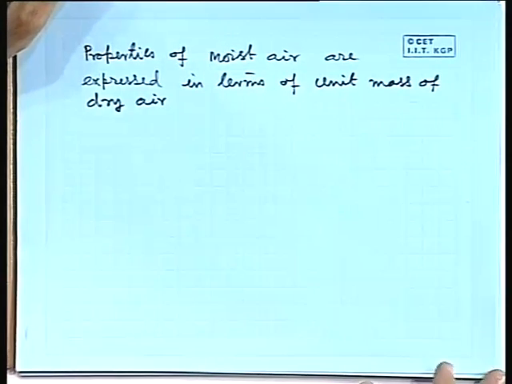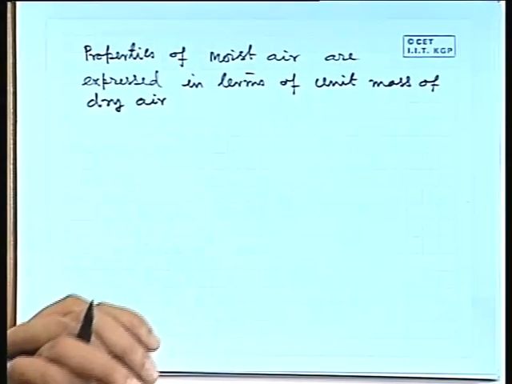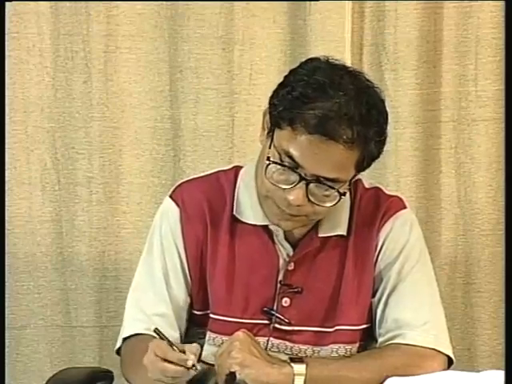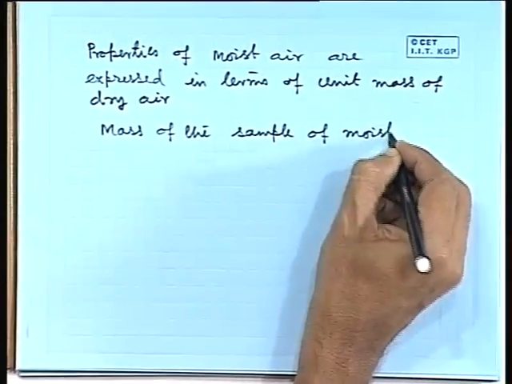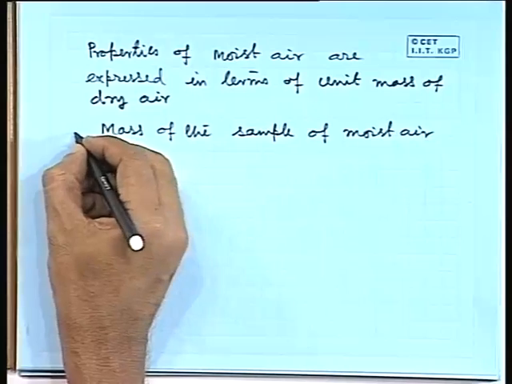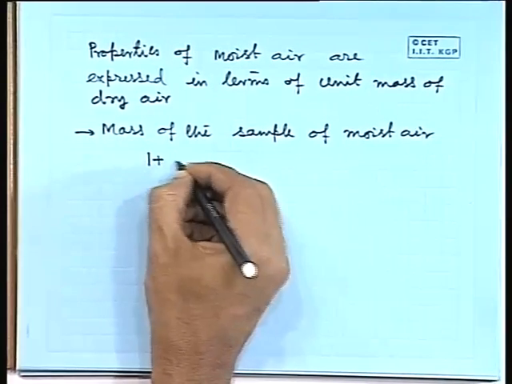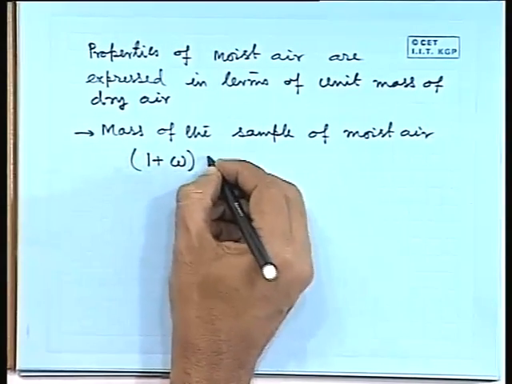So, for the sample, if we want to express the properties, it is basically for 1 kg of dry air. Then what will be the mass of the sample? The mass of the sample of moist air will be 1 plus w kg.